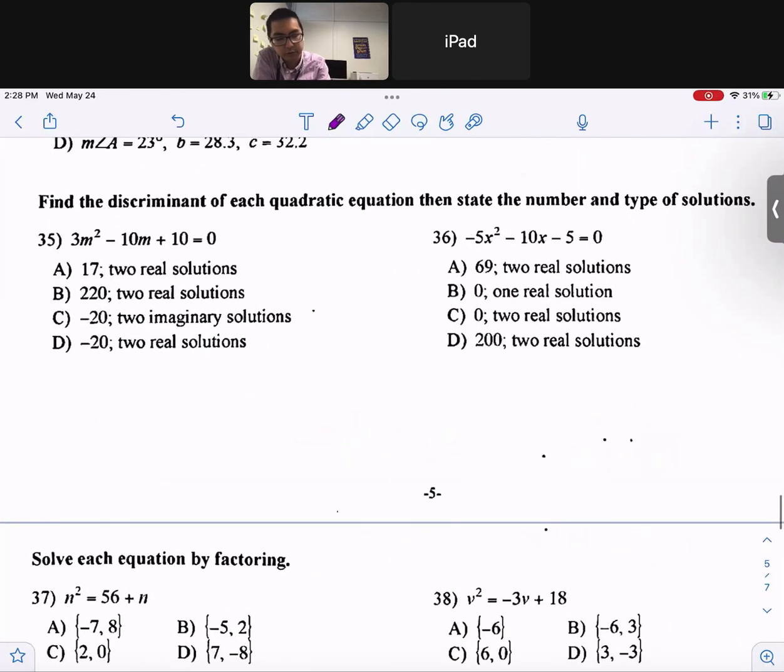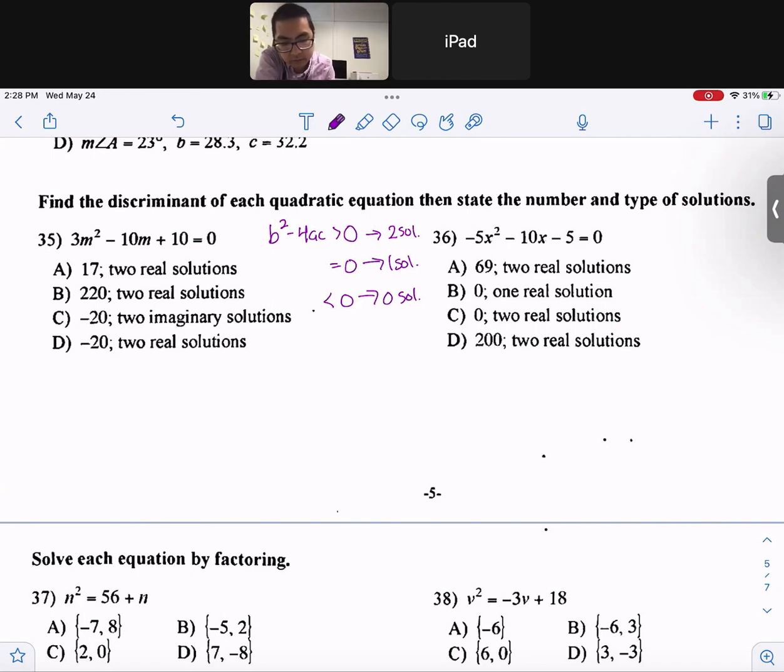Now for the discriminant, remember you have to use b squared minus 4ac. If it's greater than 0, or positive, then there are 2 solutions. If it equals 0, there's only 1 solution. And if it's less than 0, or negative, there are 0 solutions.